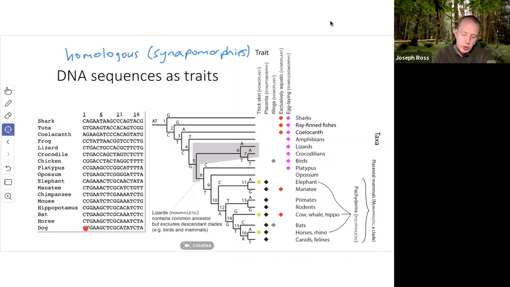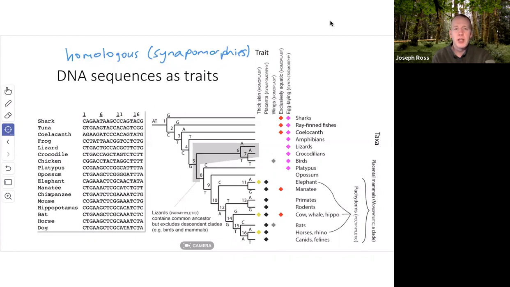To ensure that we have homologous sequences, there are a few things to note about the DNA sequences we use to build phylogenetic trees. We have to know they're homologous sequences from these different species, and that's often difficult. For example, if these were DNA sequences from genes, from coding regions of chromosomes that produce proteins, we would need to know that each of these sequences came from exactly the same gene, the homologous gene, in these different species.